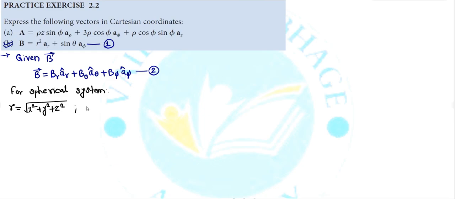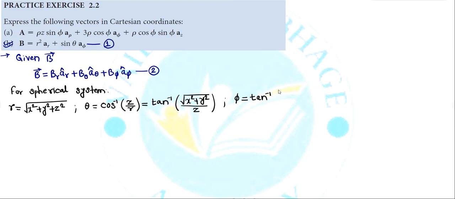Theta is cos inverse of z upon r, or it can also be written as tan inverse of square root of x square plus y square upon z. And phi, which is the same for spherical as well as cylindrical systems, is tan inverse of y upon x.